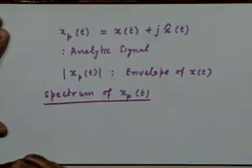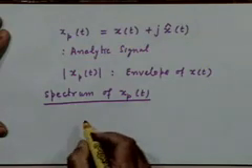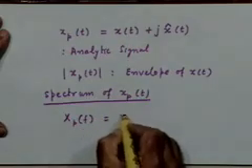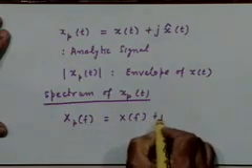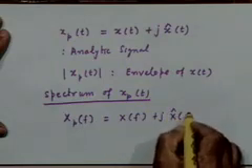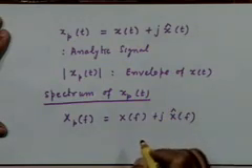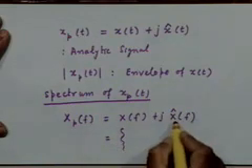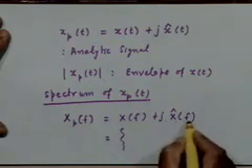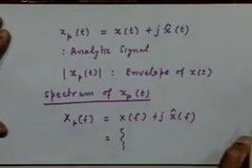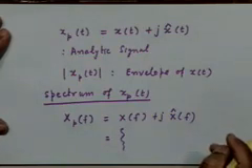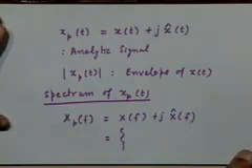Okay, we are looking at the spectrum of x sub p of t. Now can we do that? Let's take the Fourier transform of this. This will be X of f plus j times X hat of f. Well, what is X hat of f? Now for f greater than 0, what will be the value of X hat of f? It is minus j times X of f.